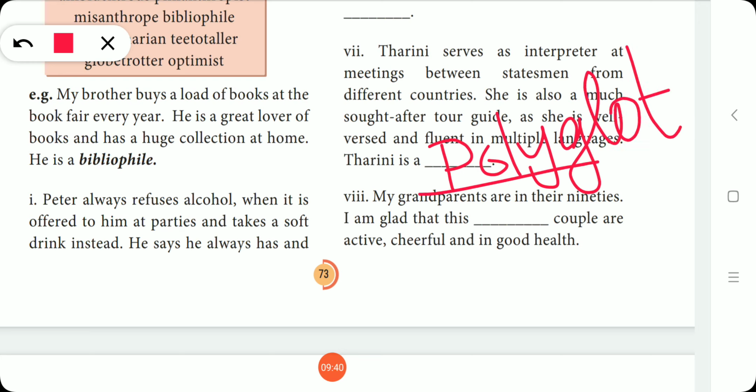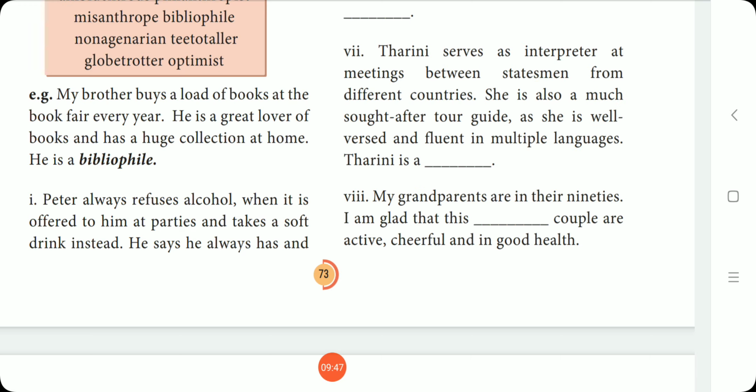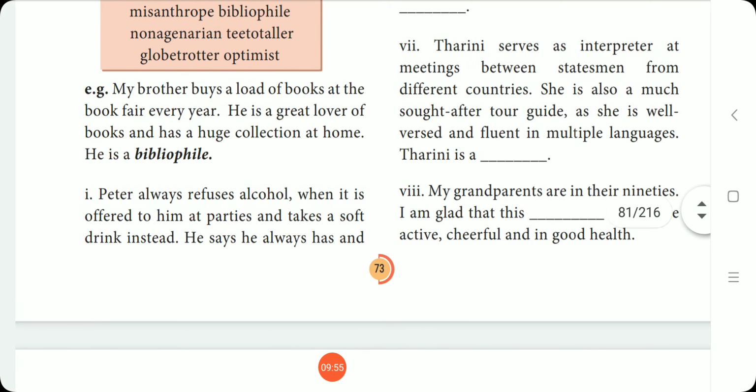So she is a person who interprets between the politicians and statesmen of different countries. She is also a much sought after guide, a very demanding guide, because she is well versed and fluent in multiple languages. She knows many languages.